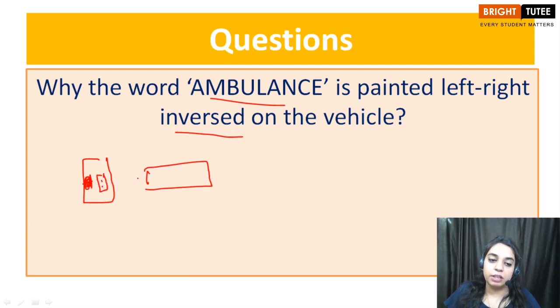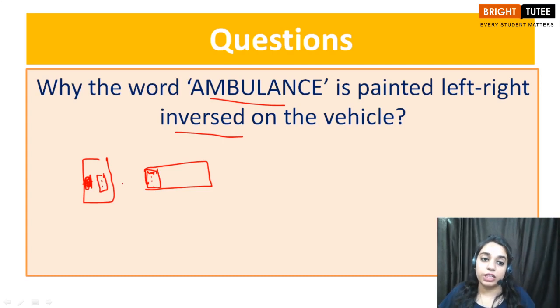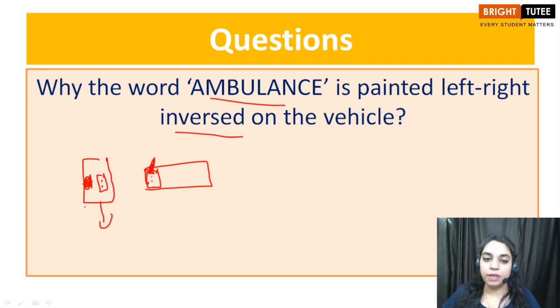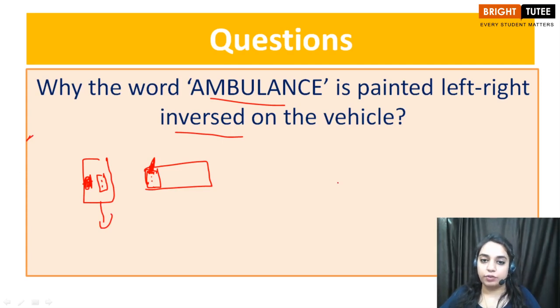So in mirror the image will be laterally inverted, and if we have written ambulance in inverse order on the ambulance, then the driver of the vehicle in front of the ambulance will be able to read it clearly, because he is observing this image in the mirror. Okay, so it will be laterally inverted, and if we have written it in inverse order, then he will be able to read it clearly and he'll give way to the ambulance easily. Okay, so that is why the word ambulance is painted left right inversed.